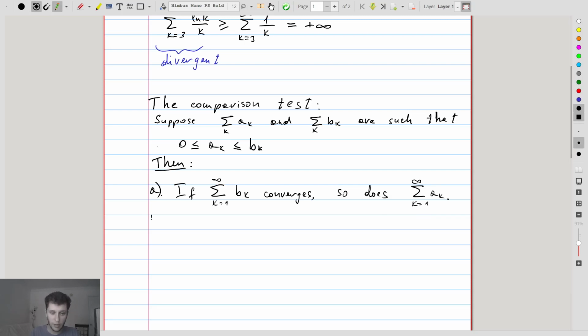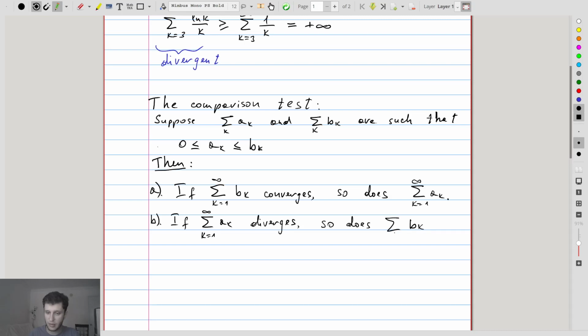Now, if on the other hand the series with the smaller terms diverges, then so does the series with bigger terms.